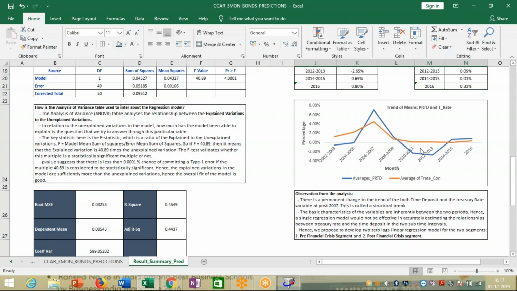I have a question that after the structural break, the orange line is almost constant.